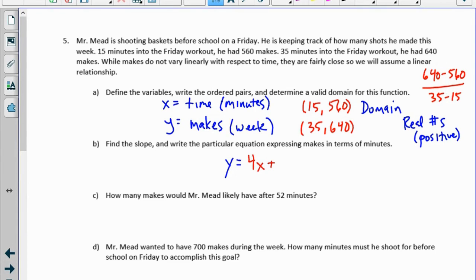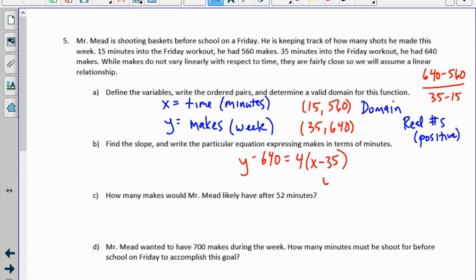And then I have to figure out my y-intercept. Actually, I don't have to figure out my y-intercept. I can just write this as a point slope equation. So y minus 640 equals 4 times x minus 35. And then when I solve this, I can get a y-intercept.